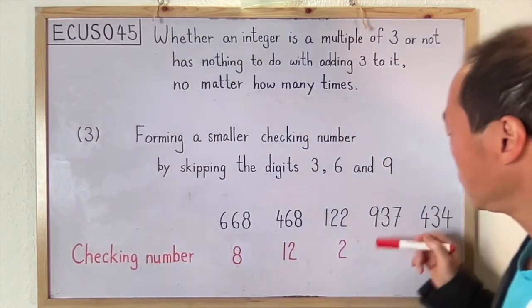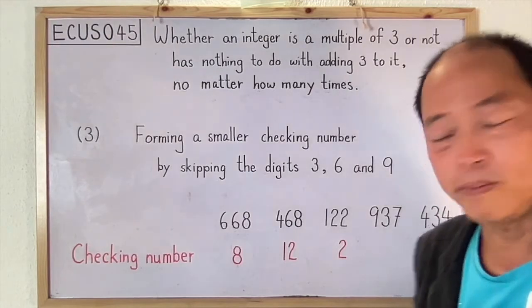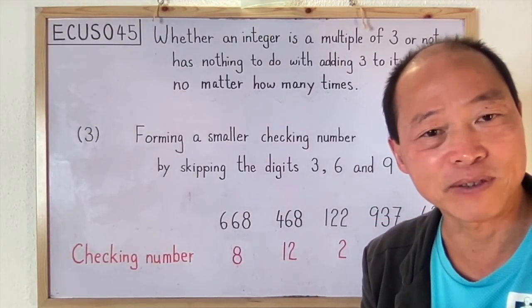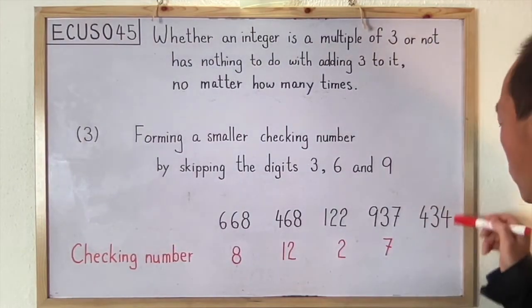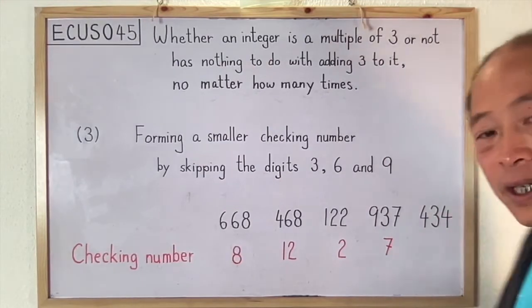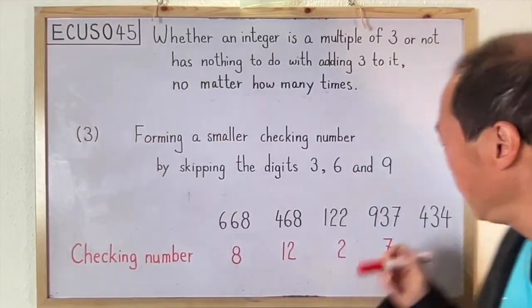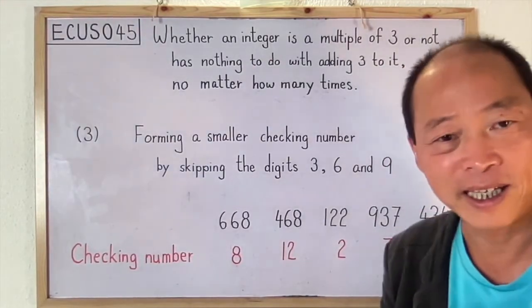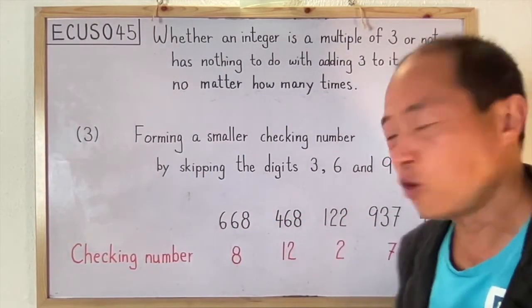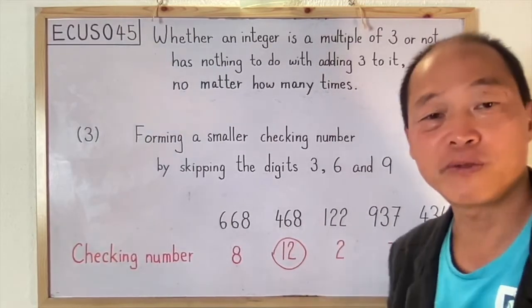Similarly, for this integer, we simply omit 3 and 9, and the checking number is 7. For this integer, to form a checking number, we omit 3, and the checking number is 4 plus 4, and it is 8. Of all the 5 checking numbers, only 12 is a multiple of 3.